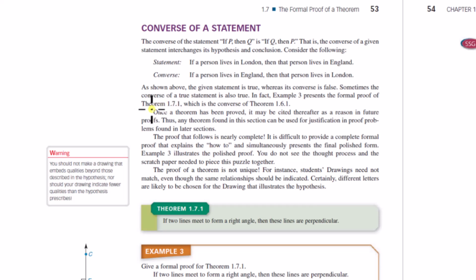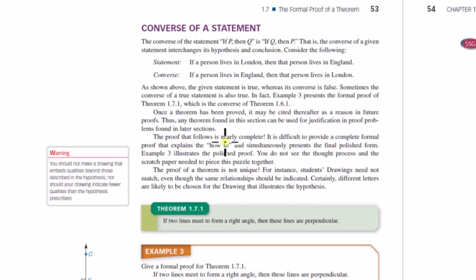We'll have to prove that it is reversible, or that its converse is true. Once a theorem has been proved, it may be cited thereafter as a reason in future proofs. Thus, any theorem found in this section can be used for justification in proof problems found in later sections. So once you prove a theorem, you can then use it as a reason to prove other theorems.